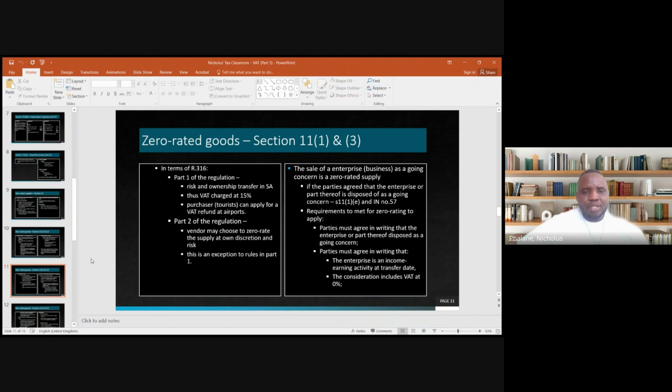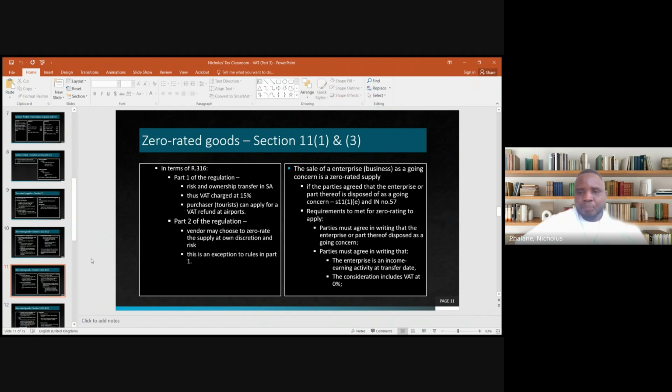So, at the discretion of this vendor and at their own risk, they can choose to zero rate the transaction. Right? So if you are willing to take on that risk, then you can do that. Part two of this regulation does obviously offer you that discretion. Right? So basically, this is an exception to the rules in part one. Right.